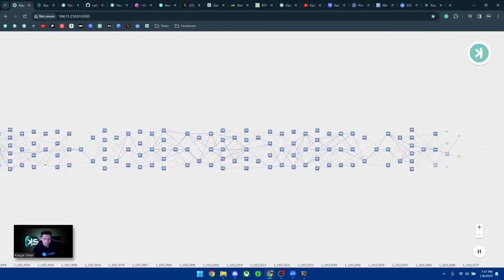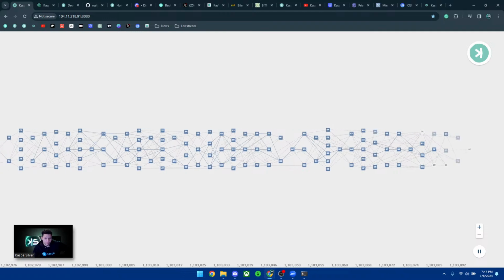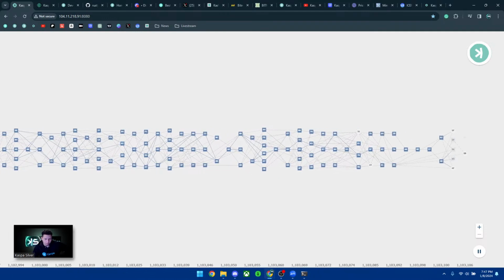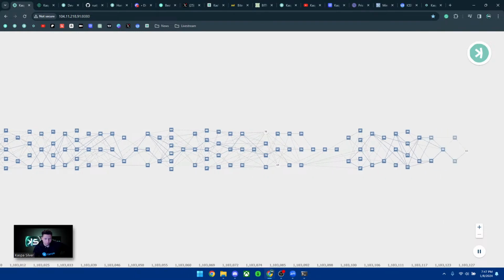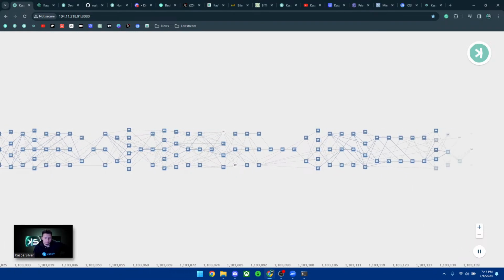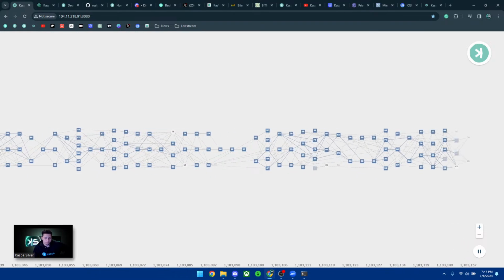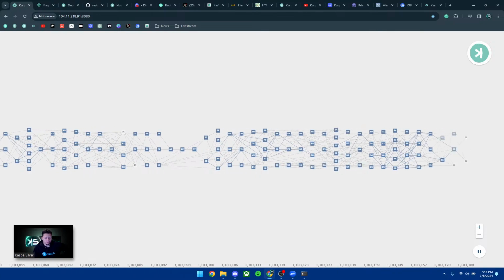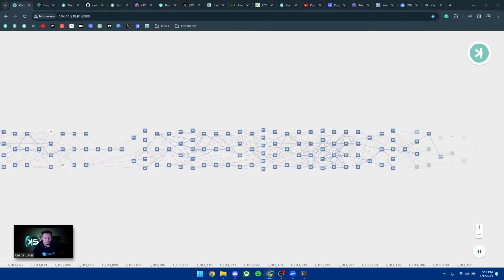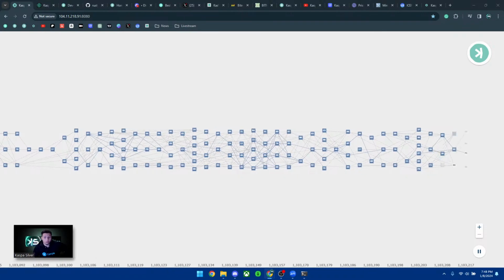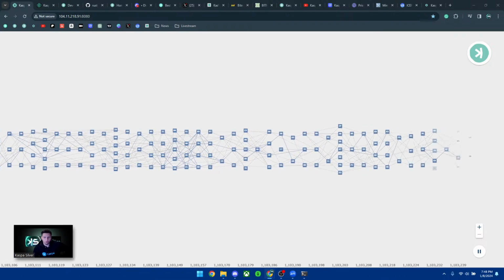One other reason I solo mine even at 460 gigahashes is that it's a permanently honest node regardless of what happens to pools. So you're solo mining through running your own node, not through a pool.